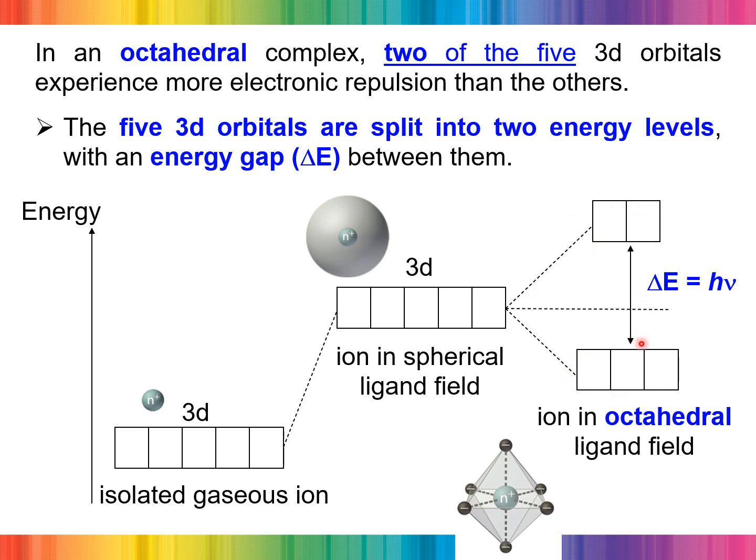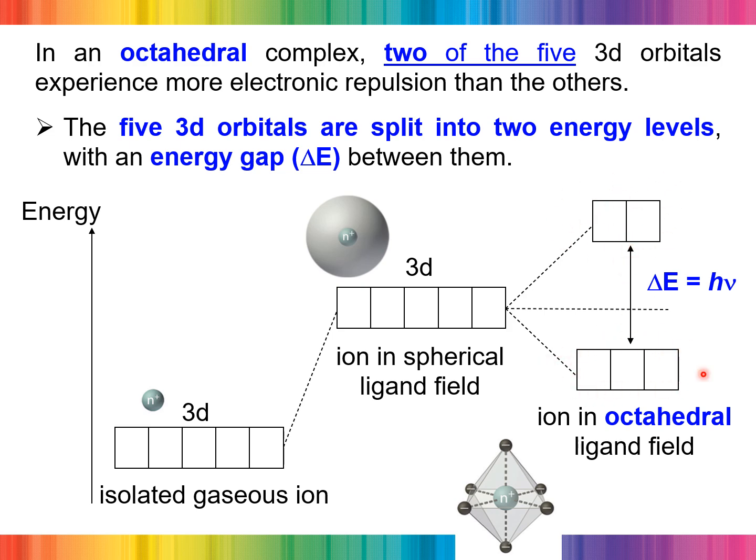You need to know it is 2 above and 3 below. The 2 orbitals experiencing more electronic repulsion become energetically more unstable than the other 3. More electronic repulsion, less stable. Lesser electronic repulsion, more stable.